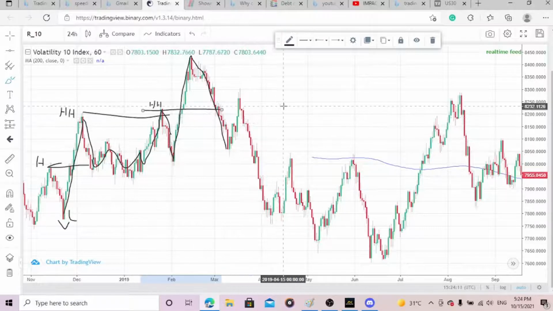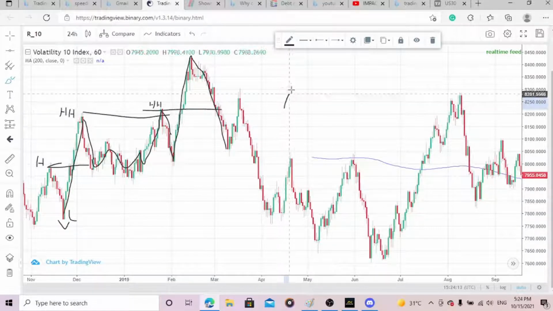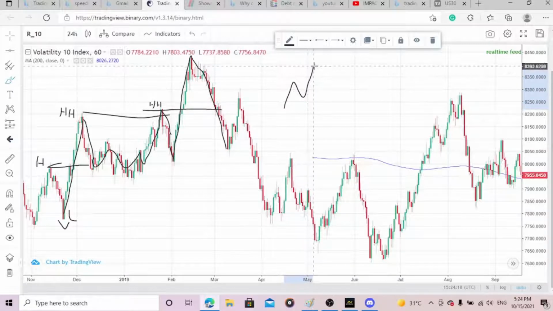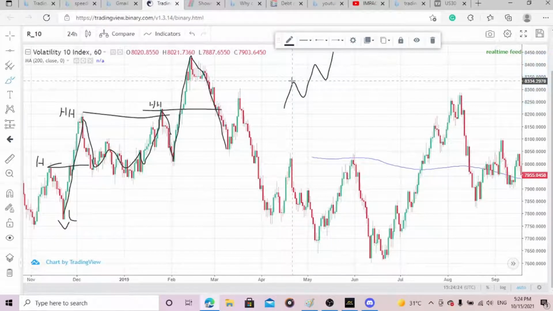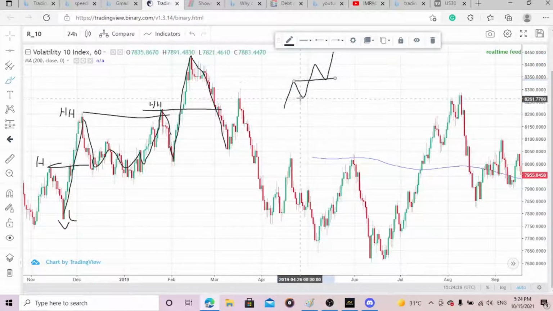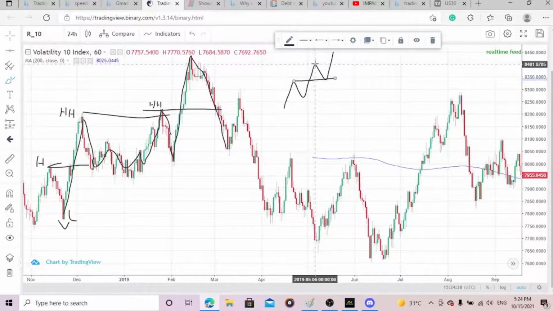So previously we explained that the market moves like this, so the market will break structure above, come back to retest the structure and go back. We expect the market to come back to retest the structure.